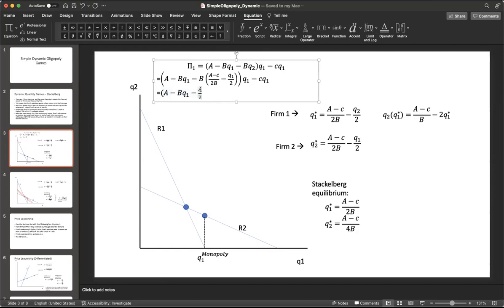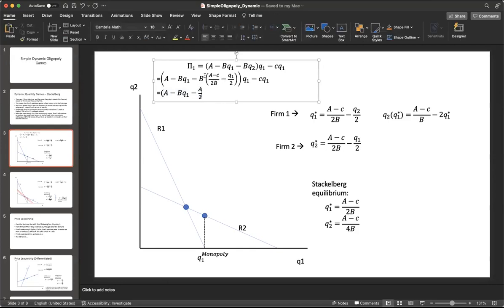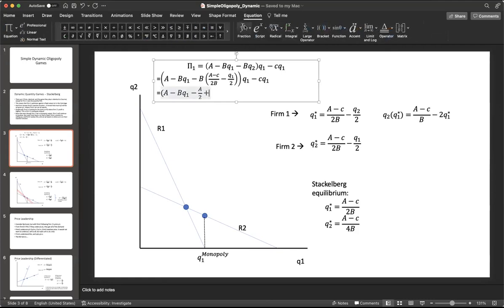A over 2. And then itong minus B i-distribute mo dun sa minus C. So since minus times minus is positive, it's positive. And then fraction ulit. Ano to? C over 2. Diba? Kasi yung B mawawala rin.